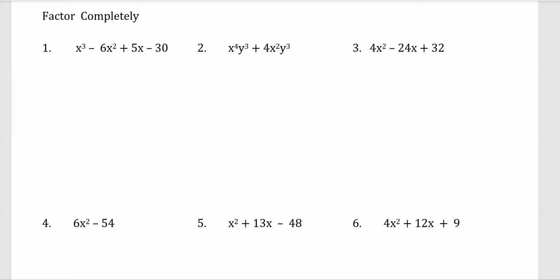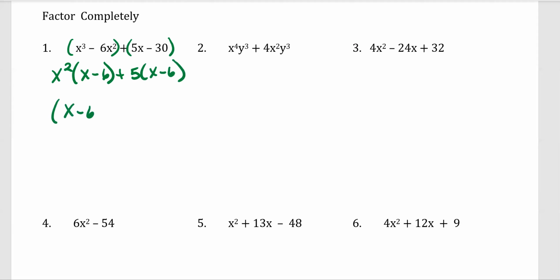Number 1, we have 4 terms. We should factor by grouping. And our factors are prime, so we are finished.